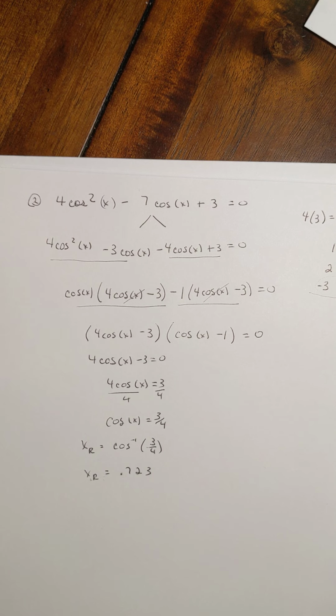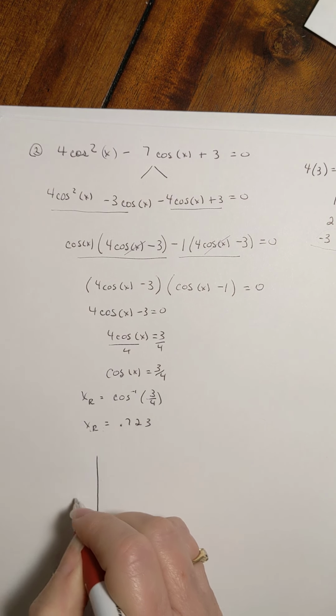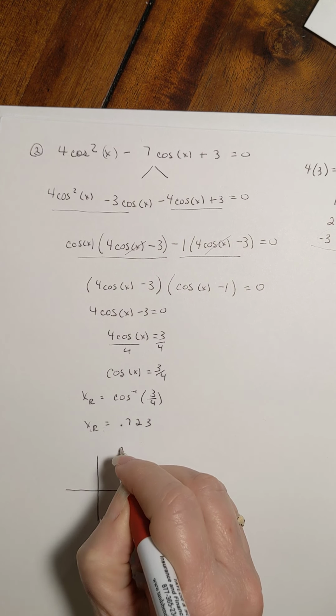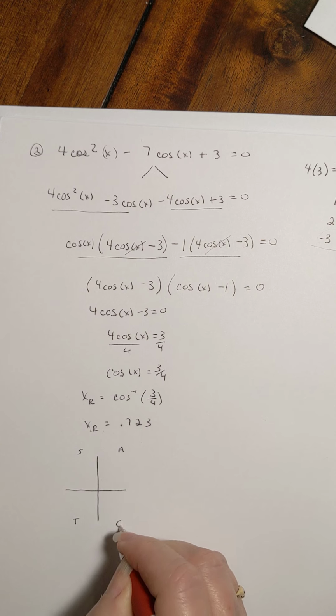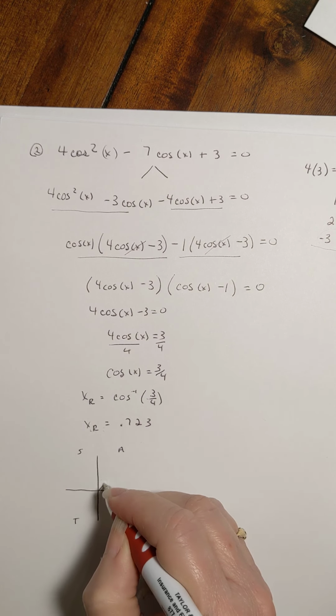Now, notice that the cosine is positive here. And so if I look at my quadrants, all students take calculus. Cosine is positive in the first and the fourth quadrant.